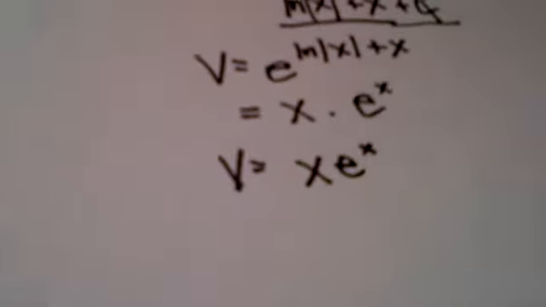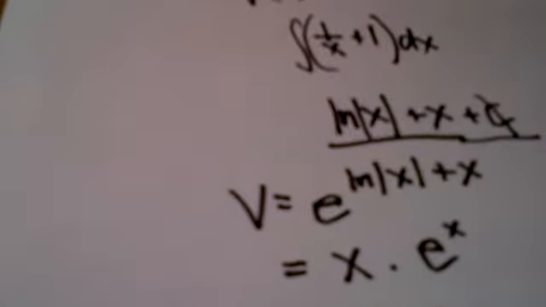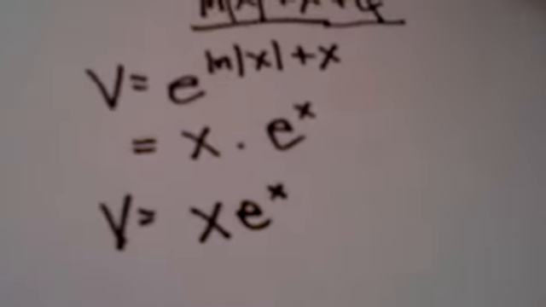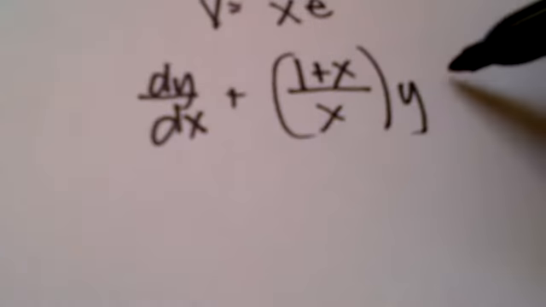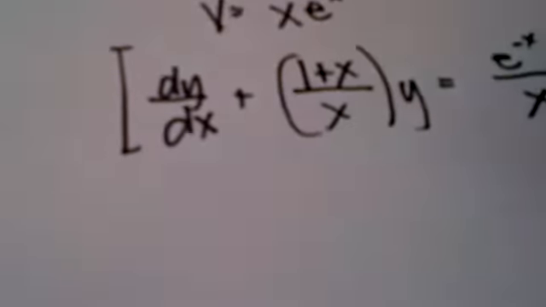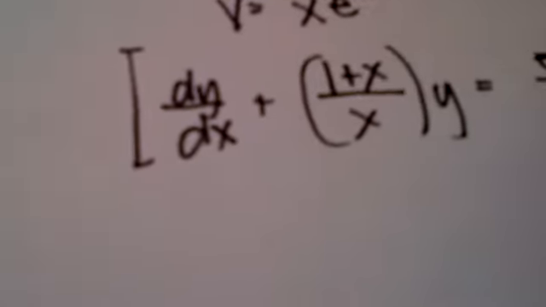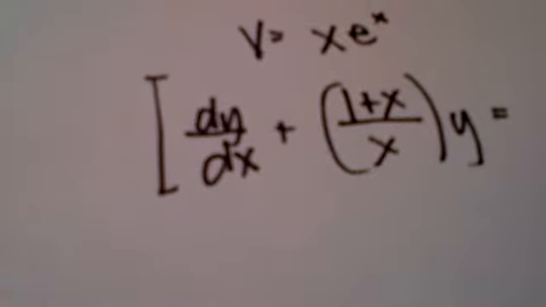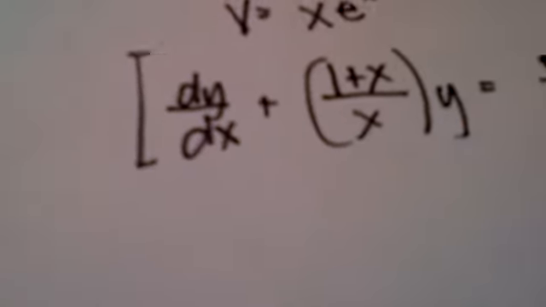So the next step is multiply the integrating factor to the standard form. So dy over dx plus 1 plus x over x y is equal to e to the negative x over x, multiplying the integrating factor x e to the x.